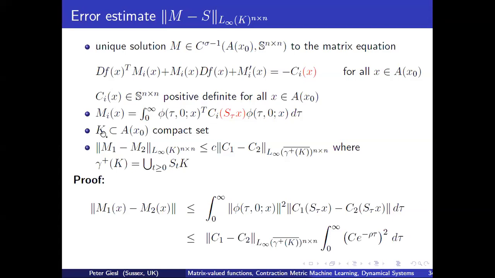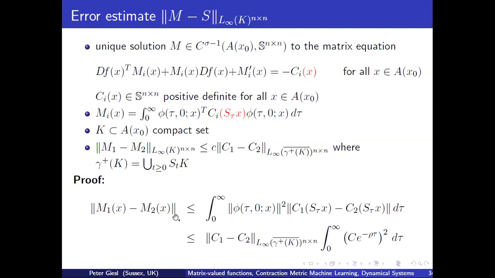Now, let's assume we are in a compact set K, and then we can see that the difference of these two solutions can be bounded by the difference of the two right-hand sides. Let's see how that goes. It's basically just this formula. So m1 minus m2, we can write as the difference of these two formulas. The phi's are obviously the same, so that translates into a difference of C1 minus C2 with its norm. Now we're using that, remember, this is the integral along solutions.